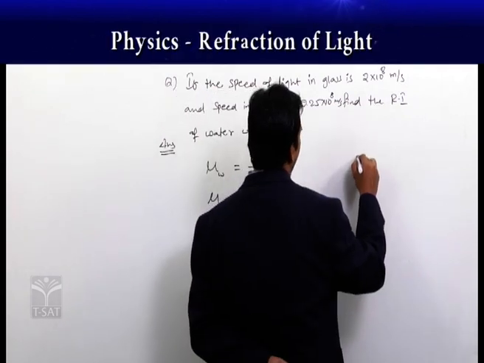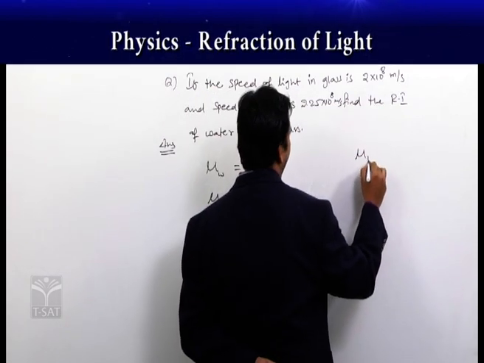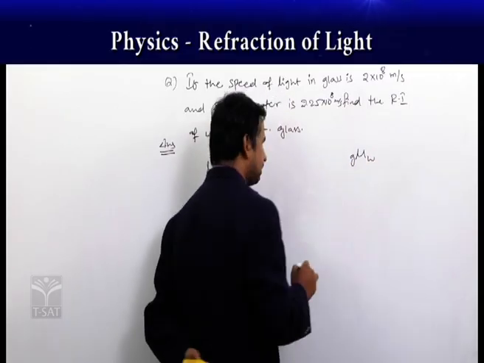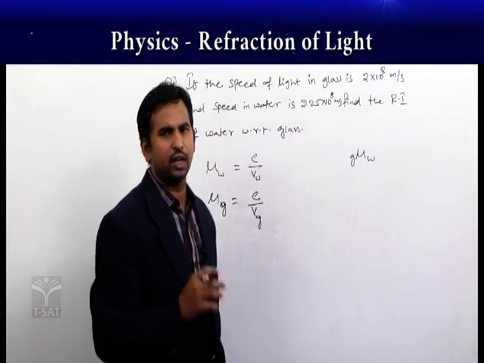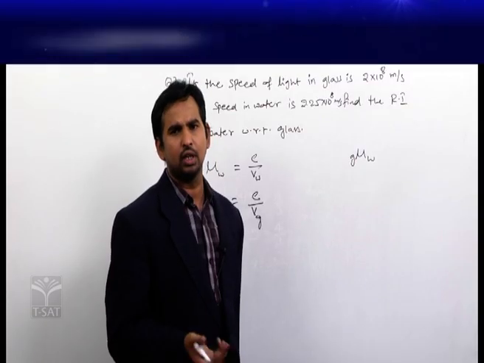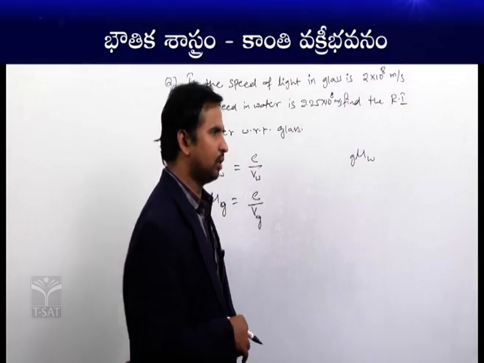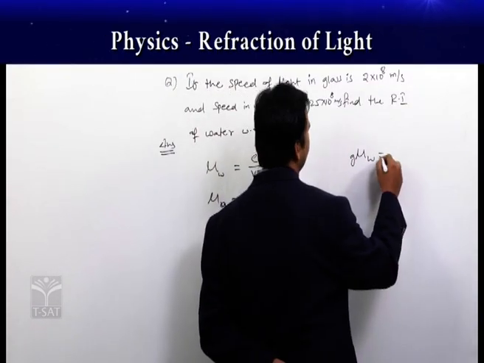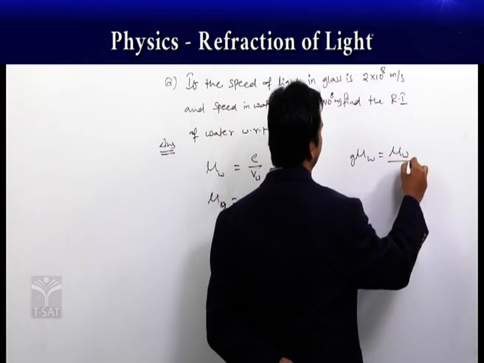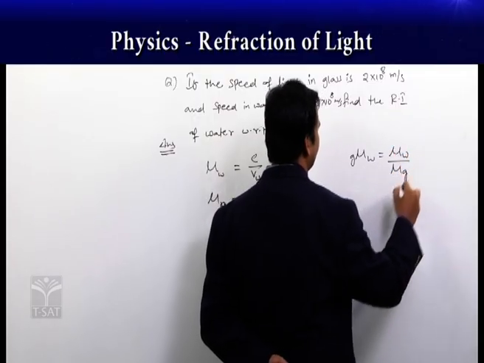Here we have to find the refractive index of water with respect to the glass, which means we are comparing the refractive index of water with the refractive index of glass, which is equal to refractive index of water by refractive index of glass.